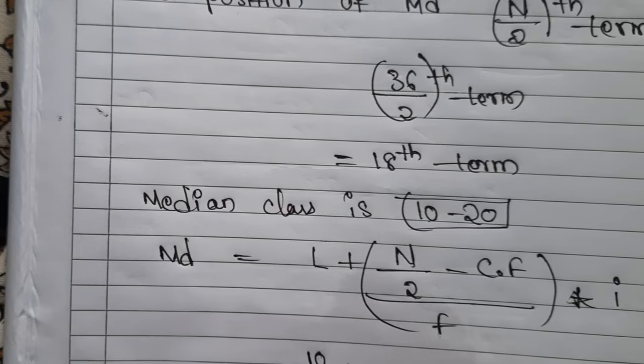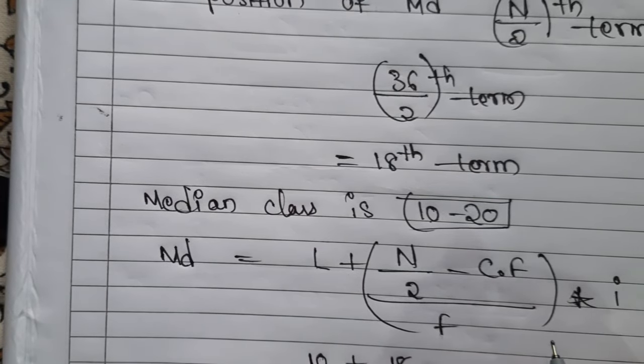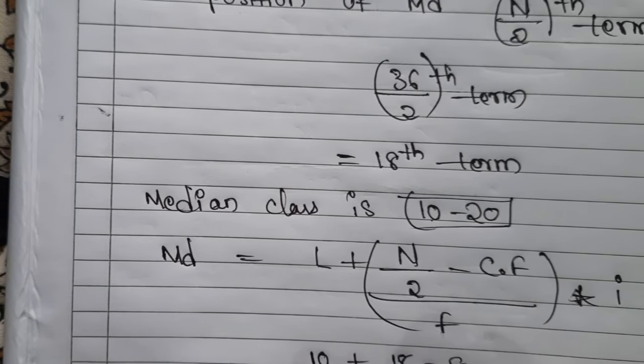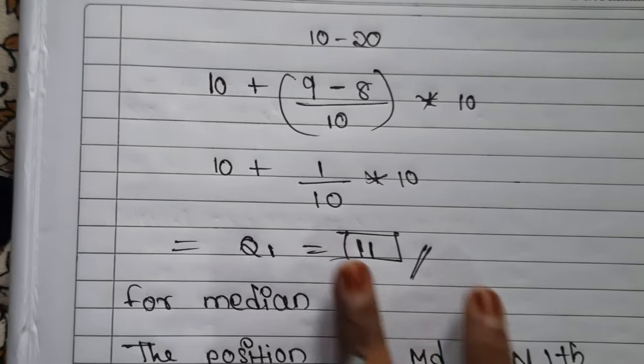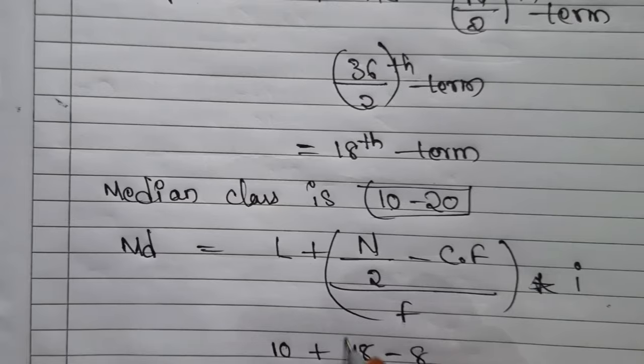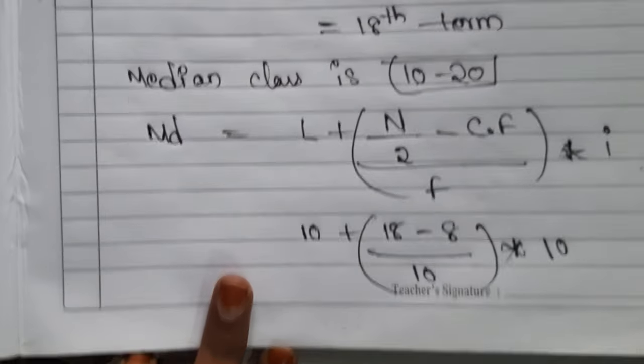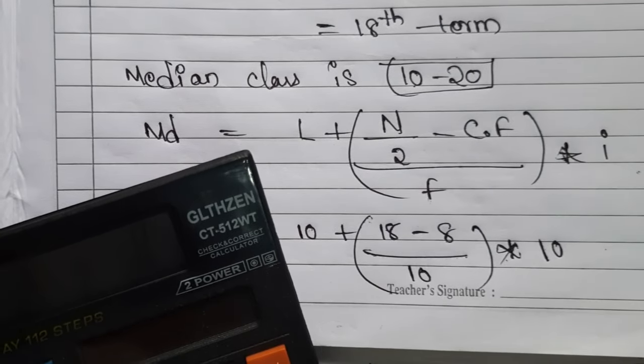Lowest frequency, it is 10, plus n by 2, it is 18, minus cumulative frequency. Cumulative frequency, the above one will be taking above, as same it is 8. Frequency, how much it is? It is 10 only. Whatever we have took here only we will be taking, and then we are going to multiply it with 10. So you do the calculation, how much you are getting.